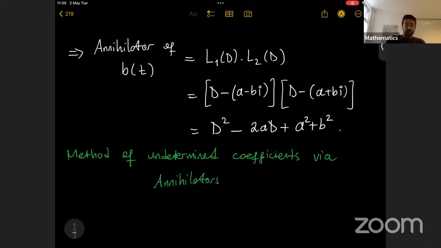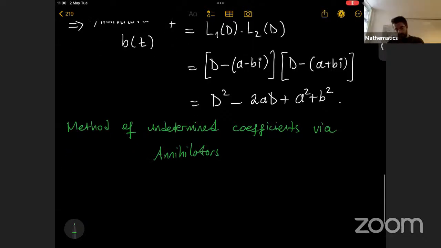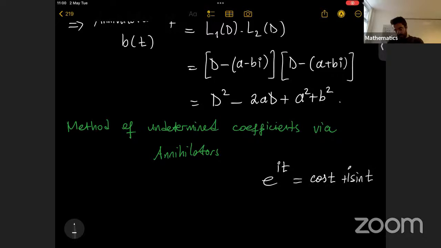Okay, so there is a question. I didn't get how we change cosine bt. Well, let me write the formula here. e to the it is cosine t plus i times sine t, right?